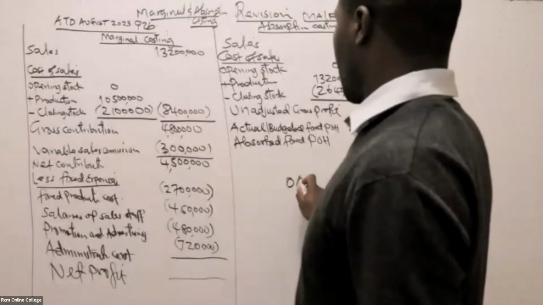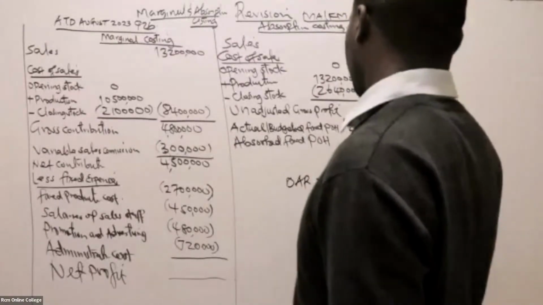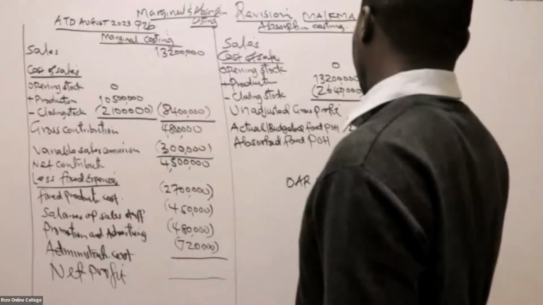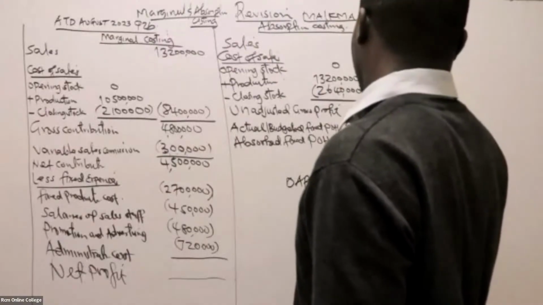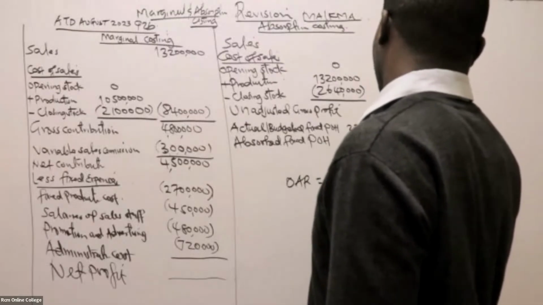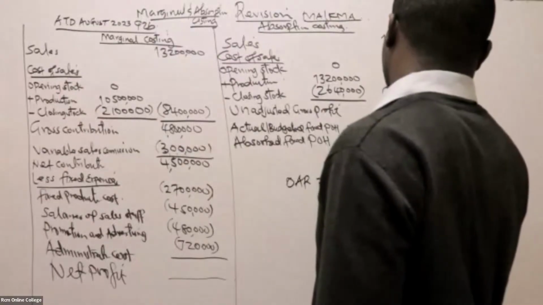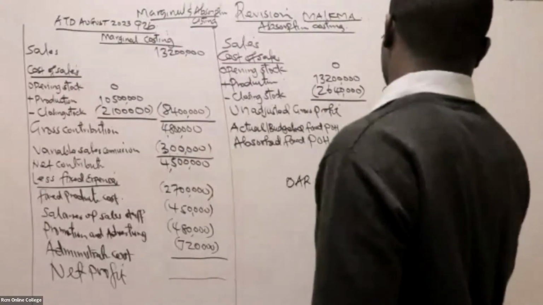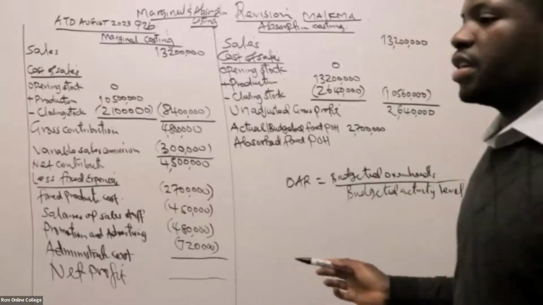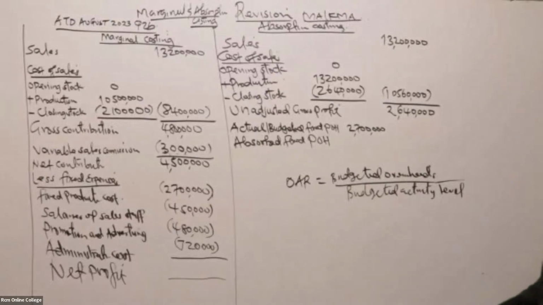So the overhead absorption rate is equal to budgeted overheads divided by budgeted activity level. I'm not being specific because this activity level can be labor hours or machine hours or units produced. We use budgeted or actual.